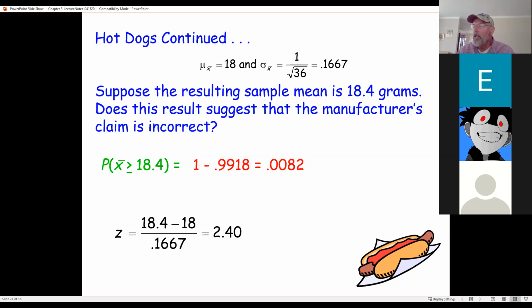So the probability of that, 0.008, is very, very small. This is the probability that goes along with this z-score. That would suggest that this is very unlikely in the right tail.